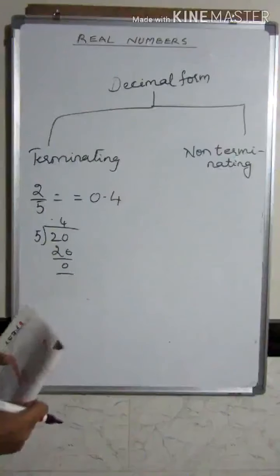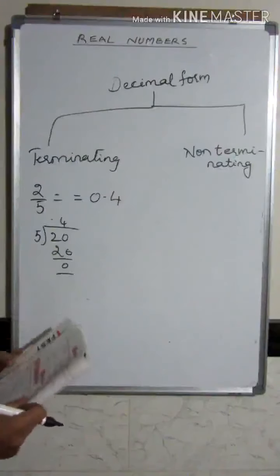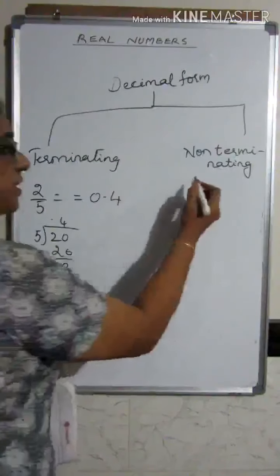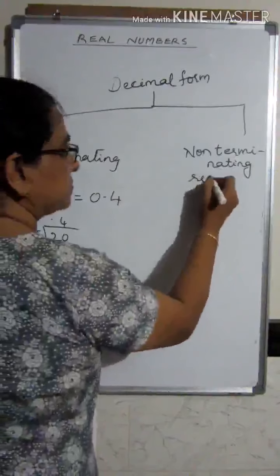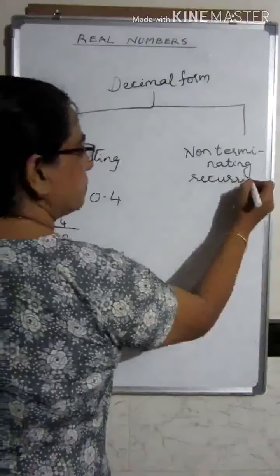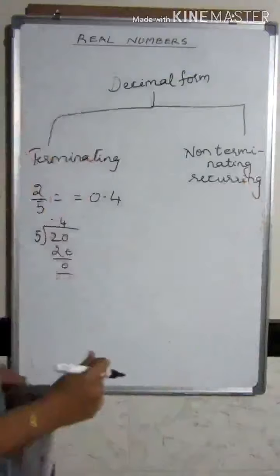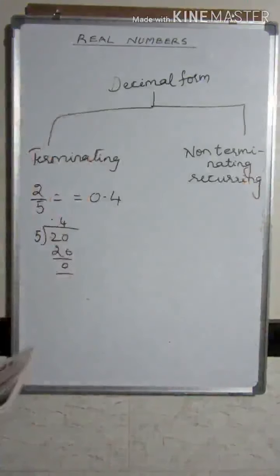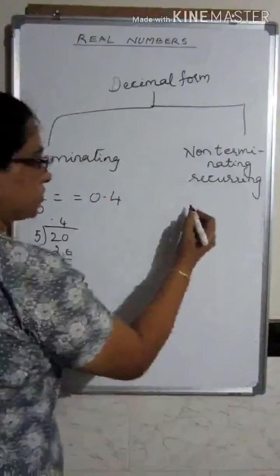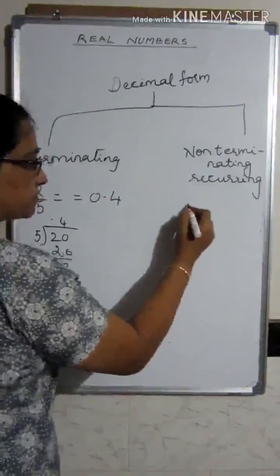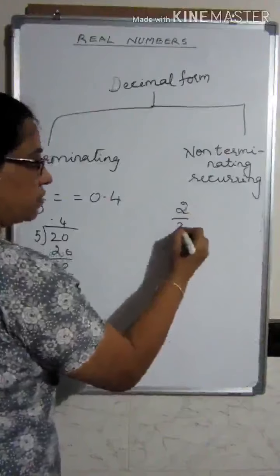Now the next type you have got is non-terminating and recurring decimal. The non-terminating recurring decimal, whenever you do the division goes on and on. Now suppose you are dividing the number 2 by 3.